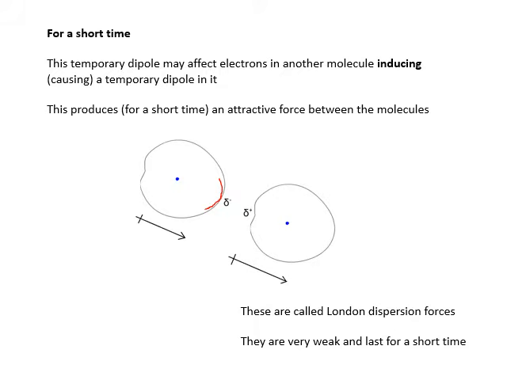So you'll get another temporary dipole, and then the positives and the negatives will attract each other. So for a short time, there will be an attractive force between the molecules. So it's a temporary dipole attracting an induced temporary dipole. And these are called London dispersion forces. And I haven't got a clue why. They are very weak and they last for a very short time.